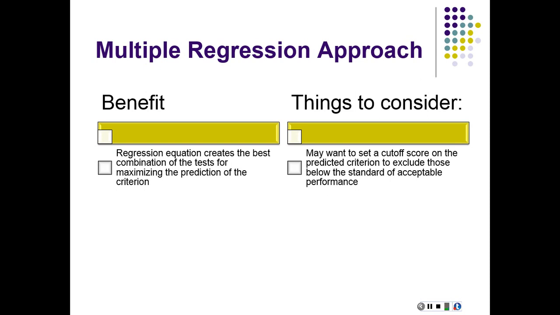So it can go both directions and help you figure out what predictors you really need, and then maybe figure out what the cutoff should be on those predictors so that you can figure out who is likely to have at least the acceptable level of performance. So we may want to establish these minimum cutoffs on each predictor to make sure that we're achieving our minimum performance standards on the y criteria.